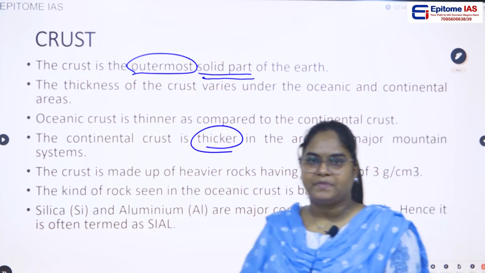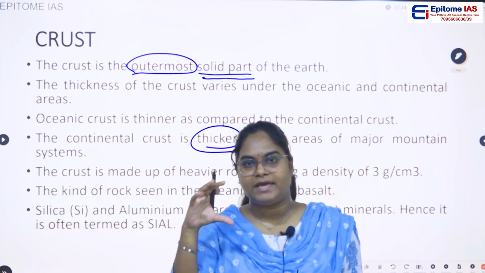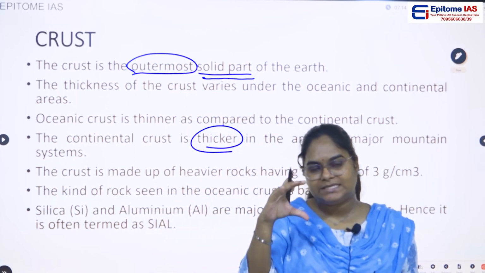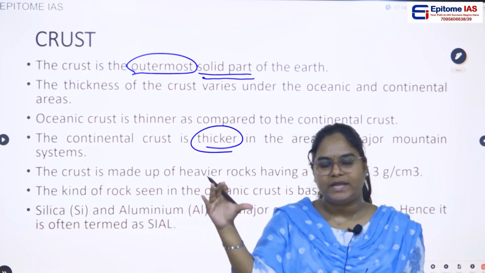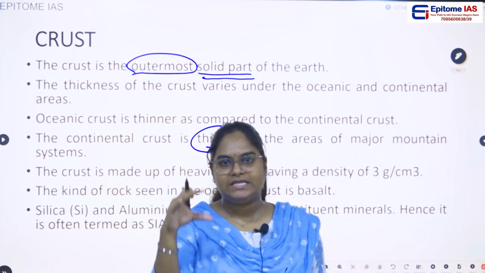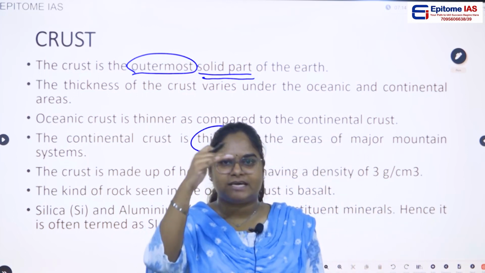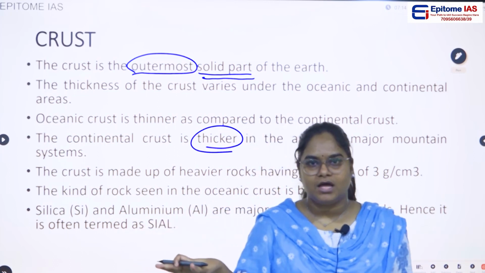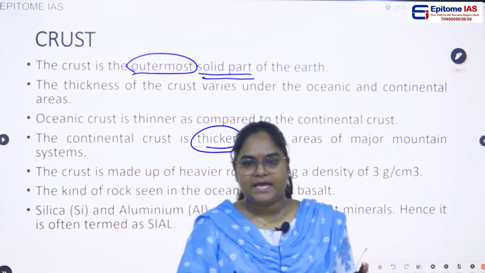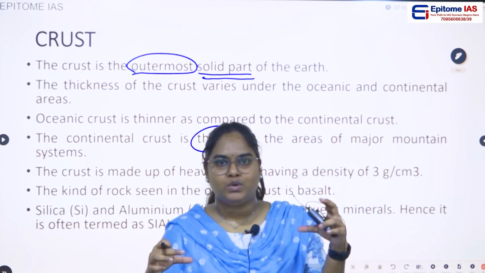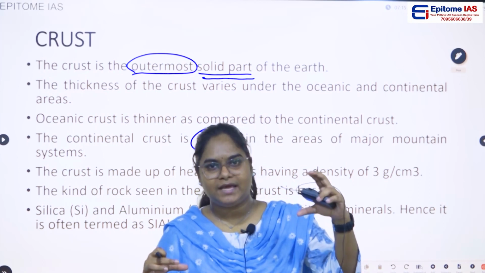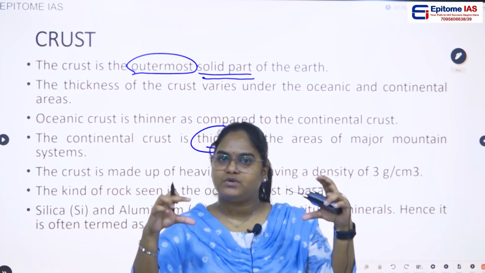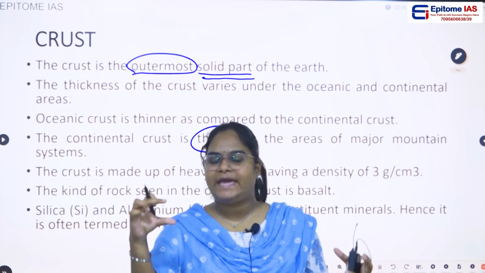Let's take the area of Himalayas. In areas where there are big mountains or plateaus, the crust is somewhat thicker compared to other areas. Take a plain area and take a mountain area: in the mountain area, the crust is thicker compared to the crust of the plains.